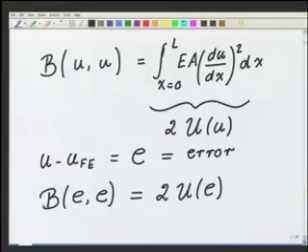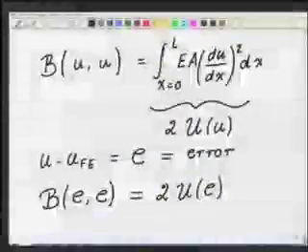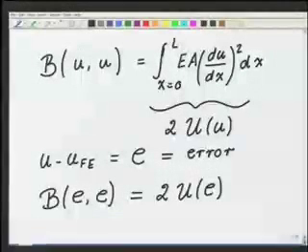What does this mean? That if I give a displacement which is equal to u - u_fe to my bar, then the strain energy due to that displacement is going to be U of e. Fine.